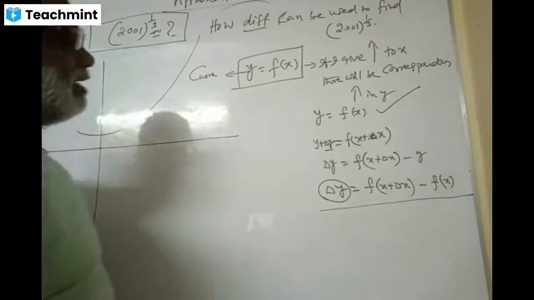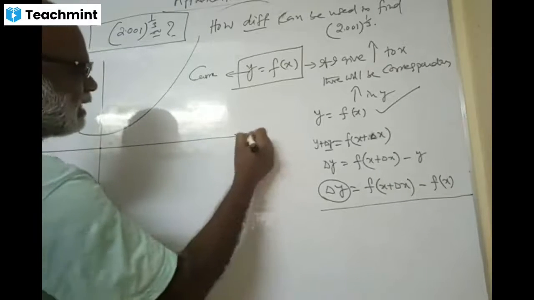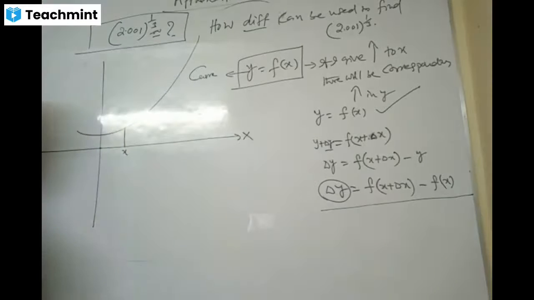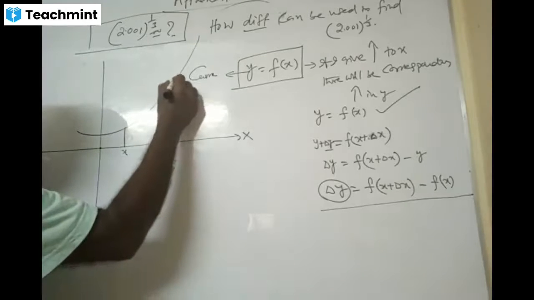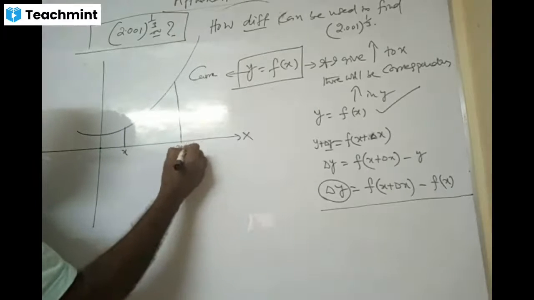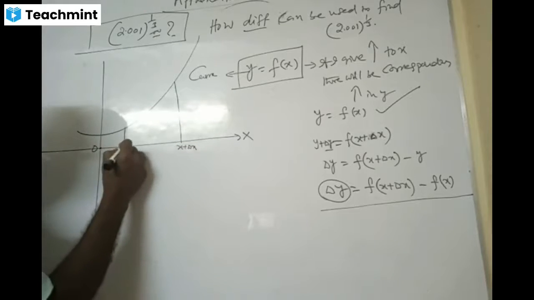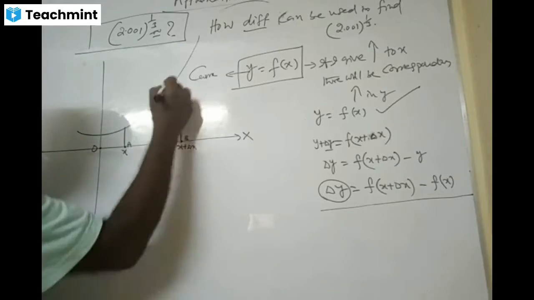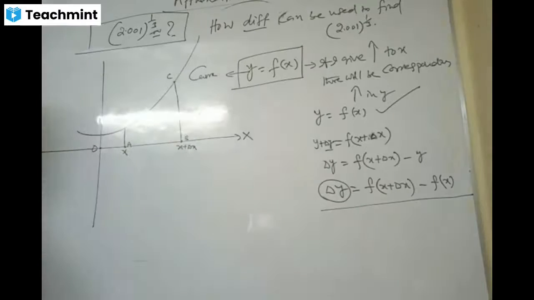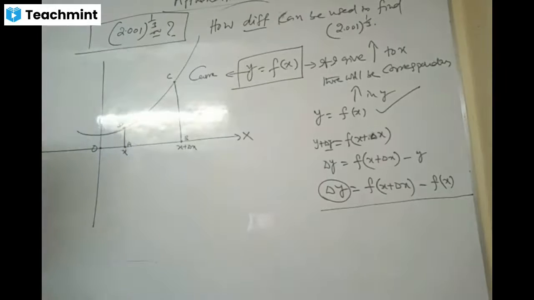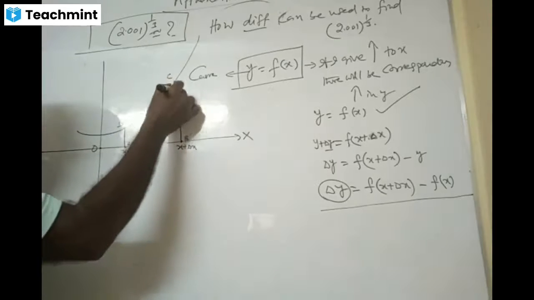Friends, these are the x-axis. It takes x values. So let me take this position is x mark. This is my new position called x plus delta x mark. I gave increment mark. This is O. This is called A. This is called B. This is called C, D. A, B, C, D part. This is called D. It's a straight line, perpendicular one.